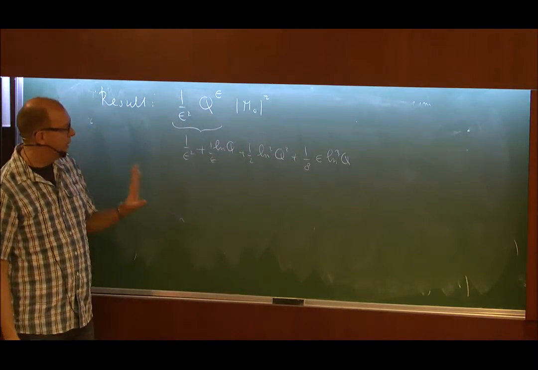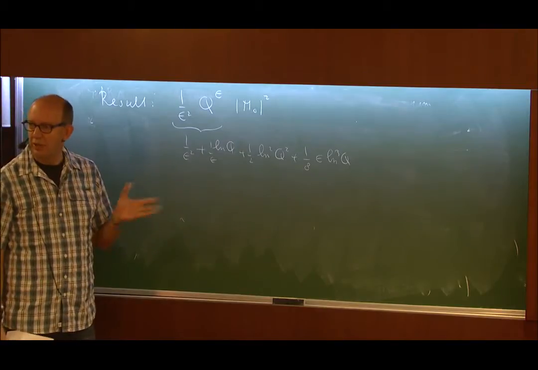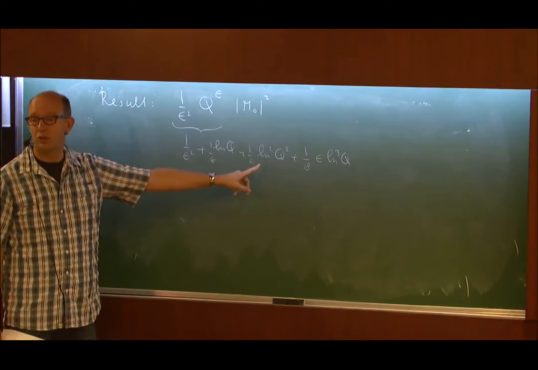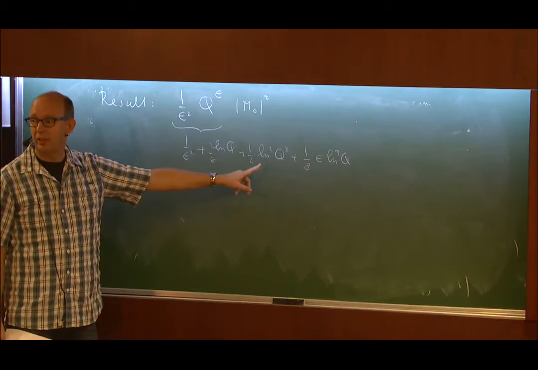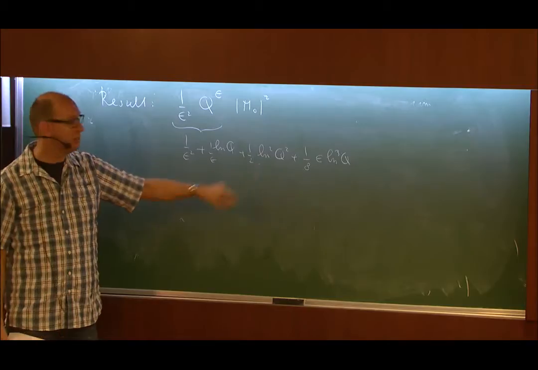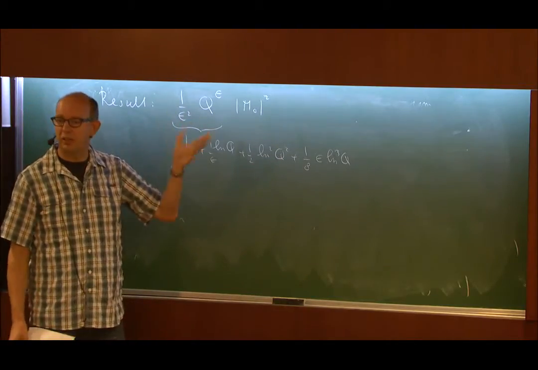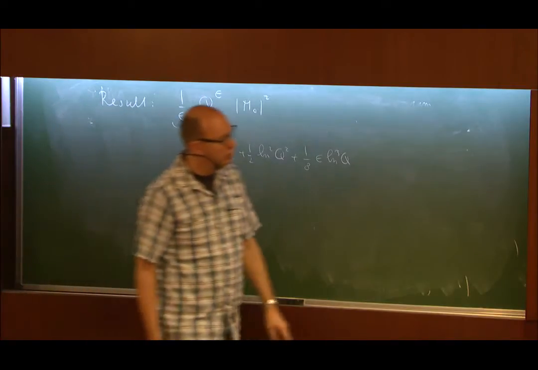So if you realize that eventually we will get rid of the divergences, then the thing that remains is the log squared. That's a finite leftover from the infrared cancellation. And this q is not necessarily always some scale, the mass of something, but it's a limitation on phase space.